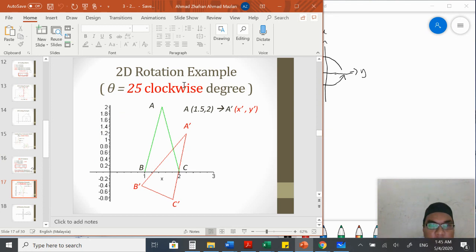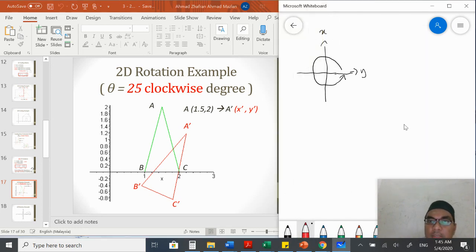For this example, the 2D rotational example is 25 degrees clockwise. When it is mentioned as 25 degrees without clockwise, you must have in your mind that it moves in this direction, counterclockwise. But this one is mentioned as clockwise, so it moves clockwise 25 degrees.